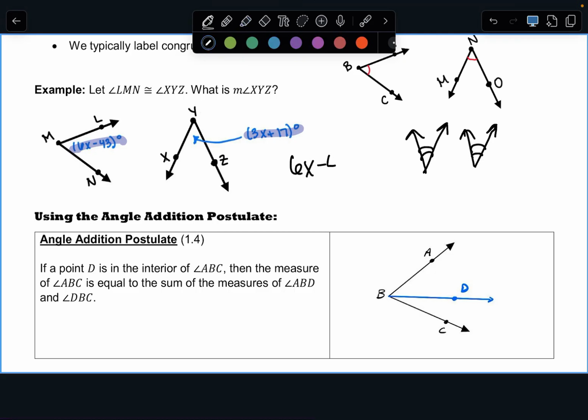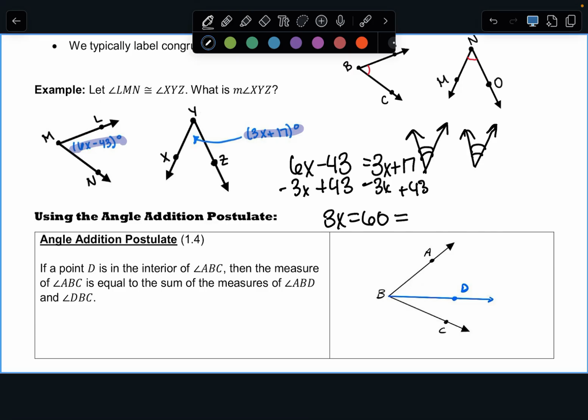So 6x minus 43 is equal to 3x plus 17. Now we solve for x. What should we do? Plus 43, and what else can we do? Subtract 3x, perfect. We get 3x is equal to 60.